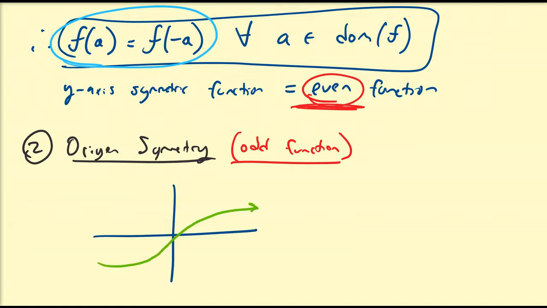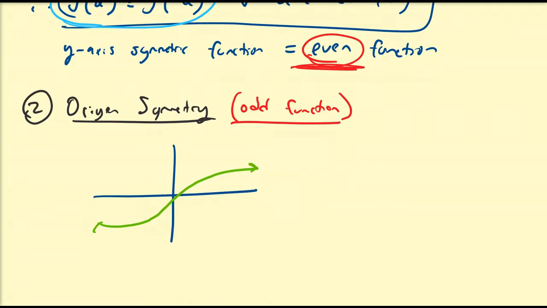Consider something like this. This would be maybe like a cube root curve or something similar. If this is truly symmetric about the origin, and we pick a point A, and it has some corresponding value, f of A, and we pick another value, say negative a, and we look at its value, which is going to be negative f of a, or f of negative a.